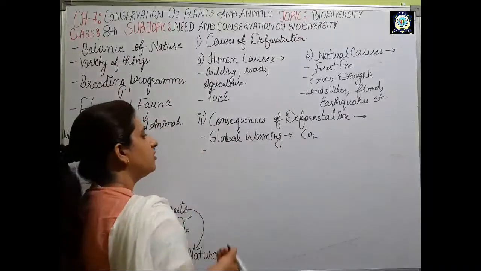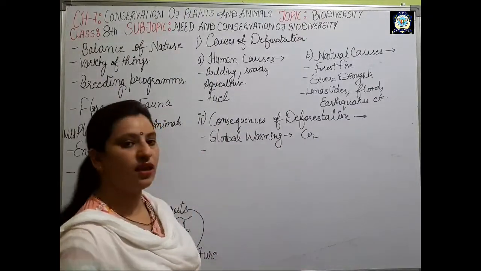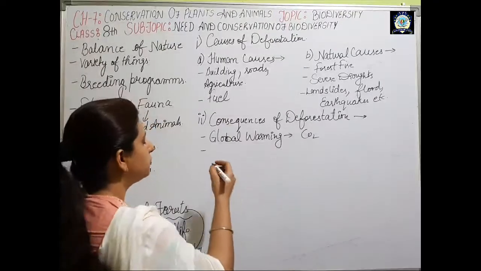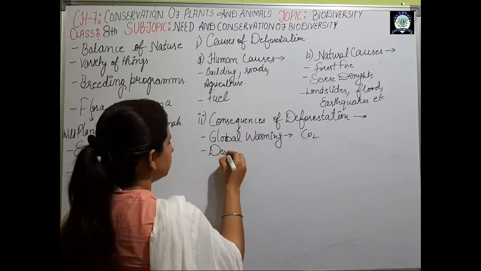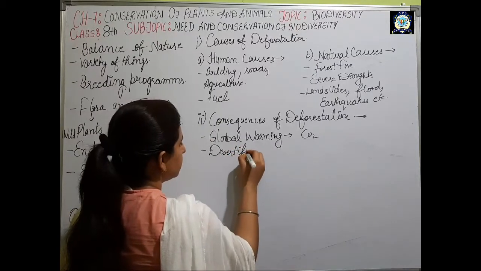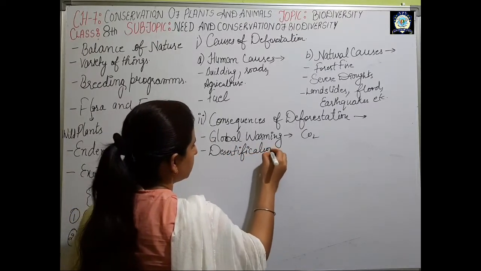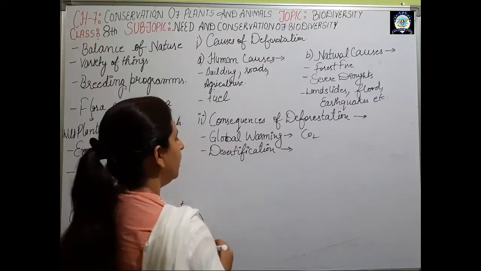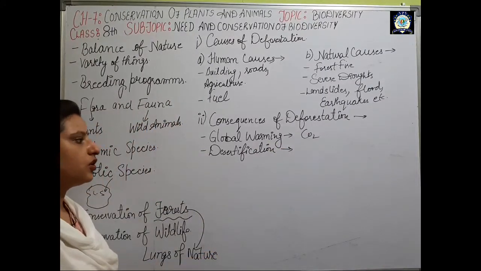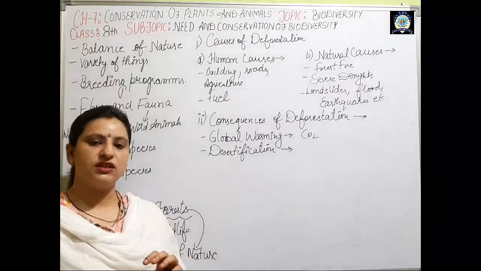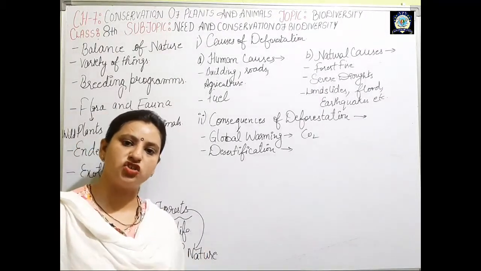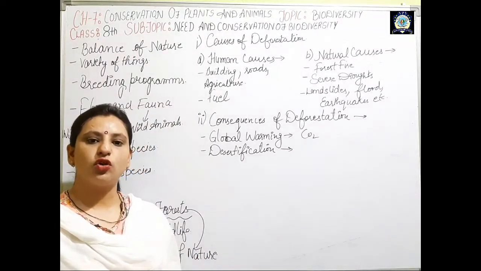Now the second consequence is desertification. In desertification, what is going on? There is irregular rainfall, or there is a lot of climatic change. So due to this, what is happening?